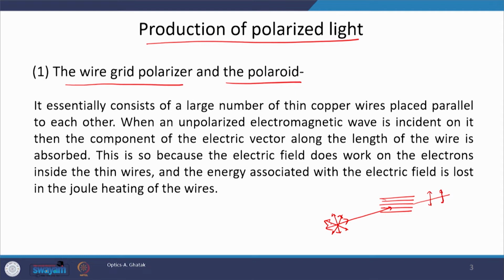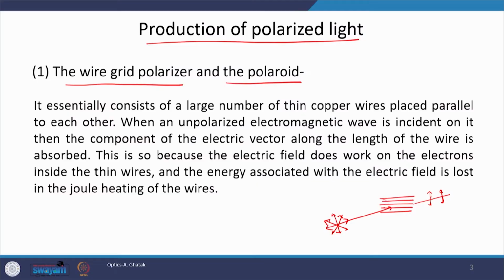As I said before, it is not that all horizontal components are absorbed, or that only vertical components come out of the wire grid polarizer. A component which is not perfectly vertical also comes out, but the dominance is of the vertical component. Therefore, we call it a vertically polarized or linearly polarized light.